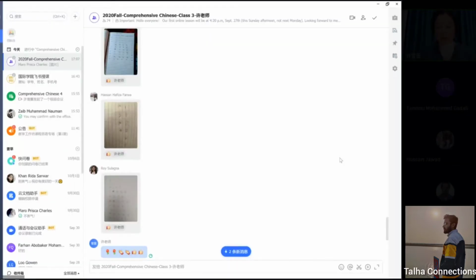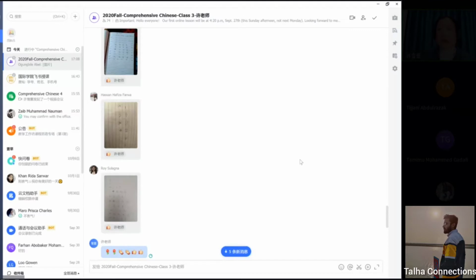All right. Just now we learned writing the 10 characters. After class, you may practice more until you can write them without looking at the table, the book, or the examples, until you can write them from your heart.